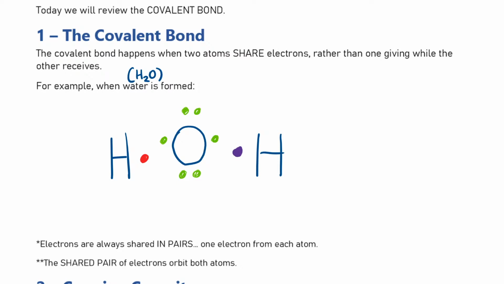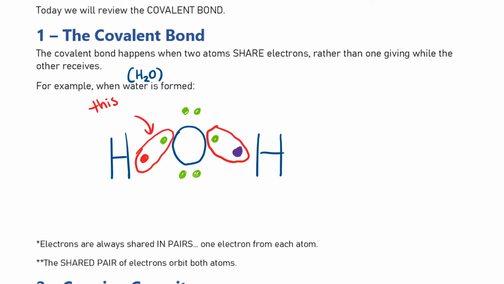And there we go. And oxygen is electronegative, but in this case, it is not greedy enough. It is not able to steal the electrons outright from hydrogen. Hydrogen isn't giving them up. And so what will end up happening is that these electrons will be shared between both atoms.